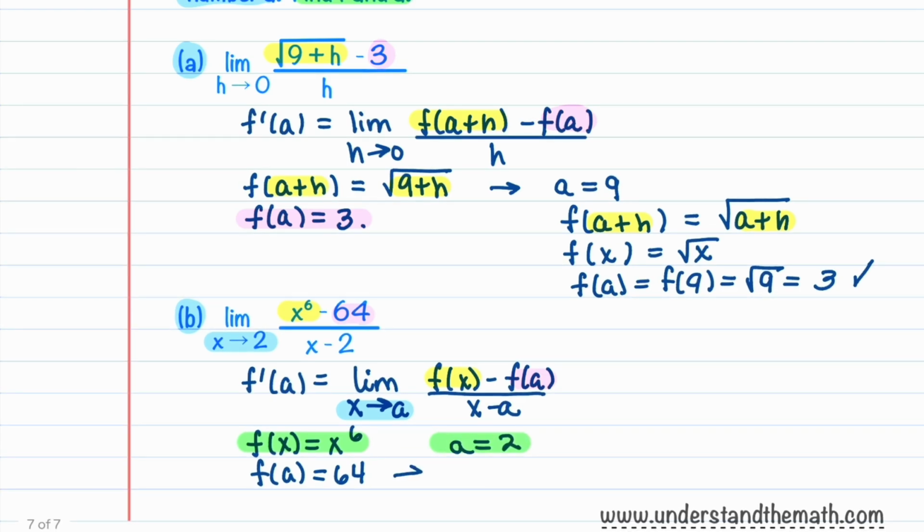And here's our built-in check. We're told that f of a is equal to 64. Let's see if that's true. F of a is f at 2, which is 2 to the 6th, which is indeed 64. So we know we've done the problem right.